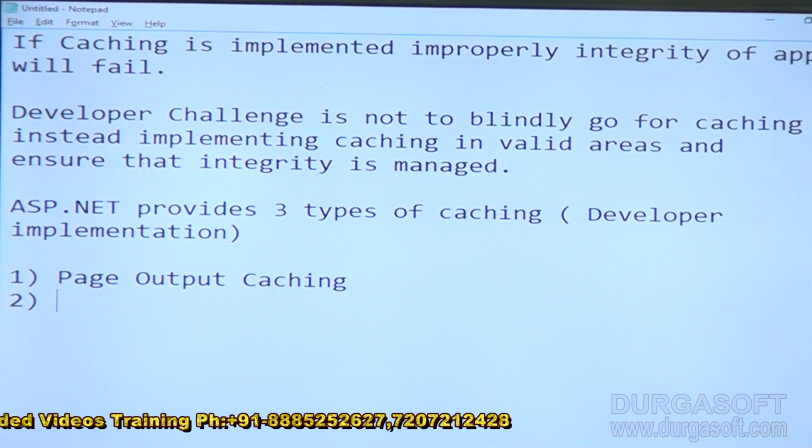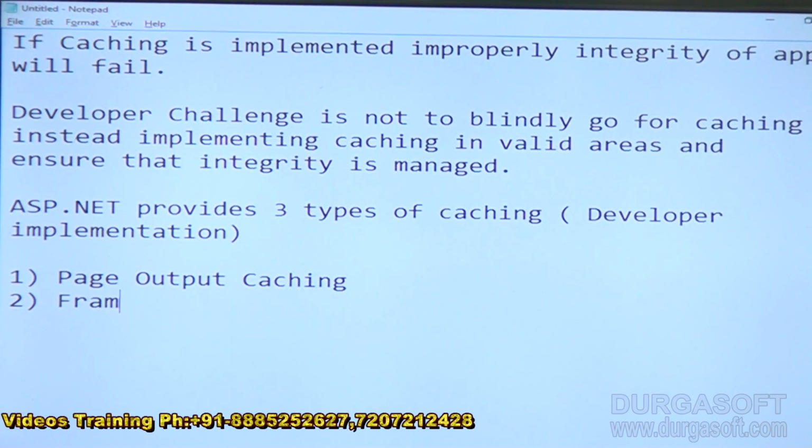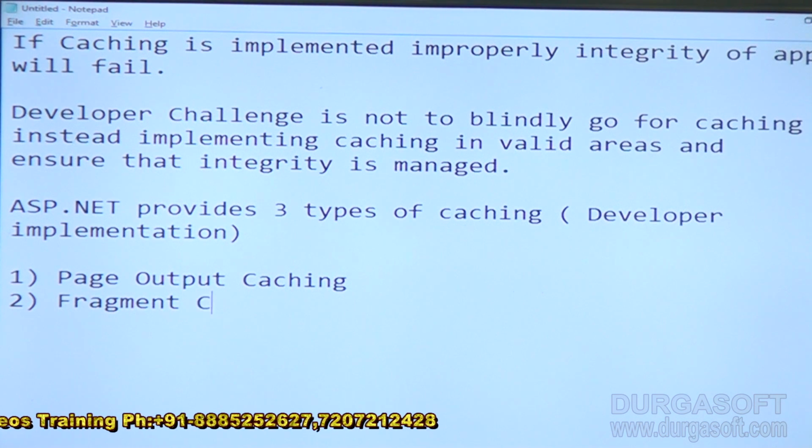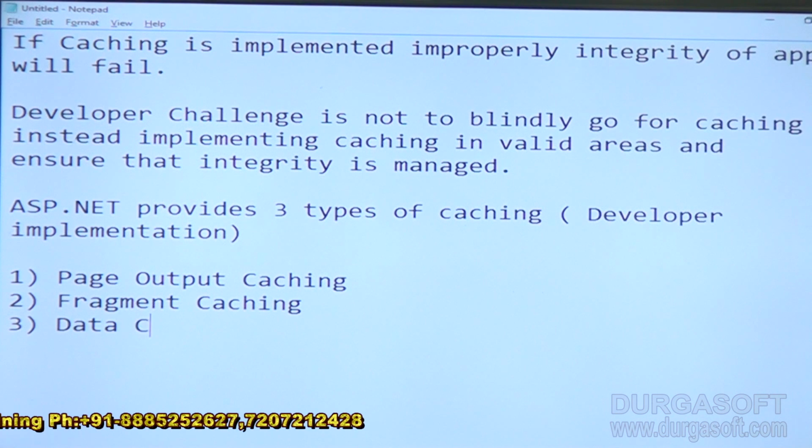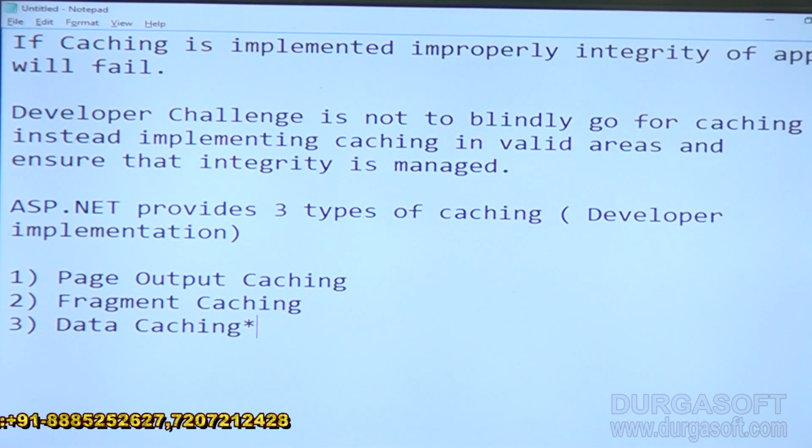Second one is fragment caching. Third, the most important, is data caching. Page output caching, fragment caching, and data caching.